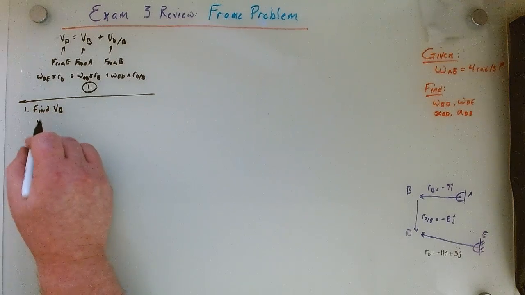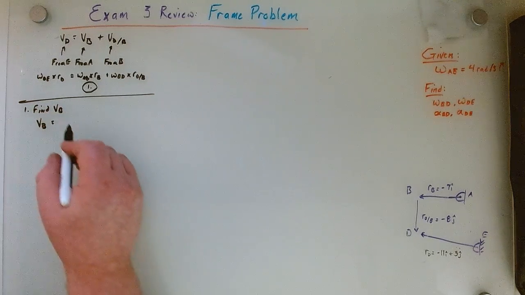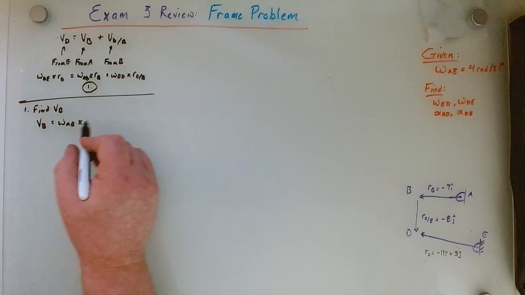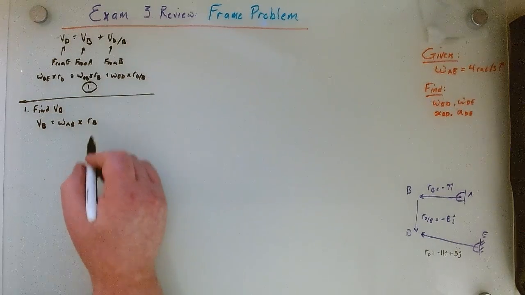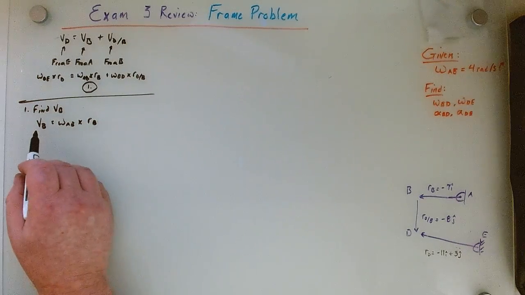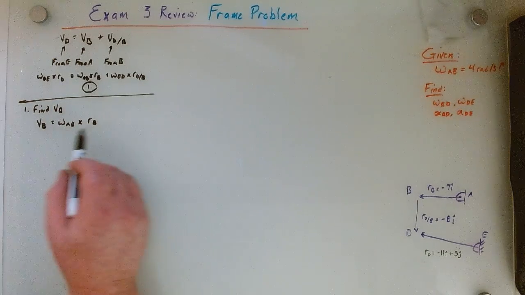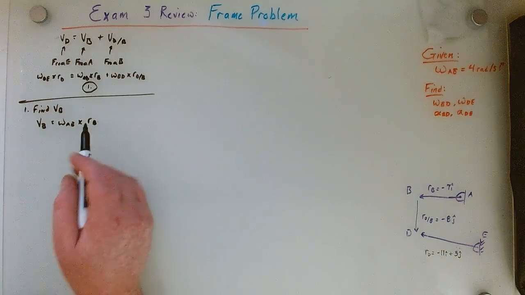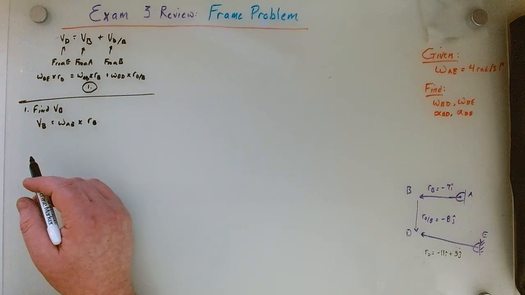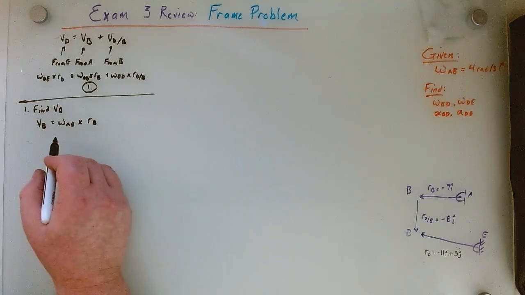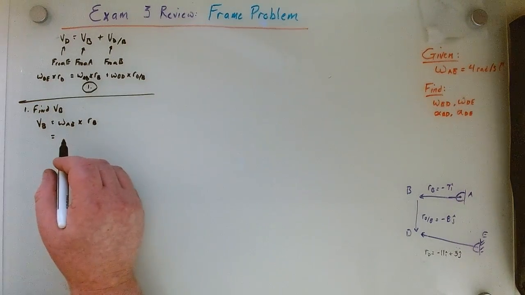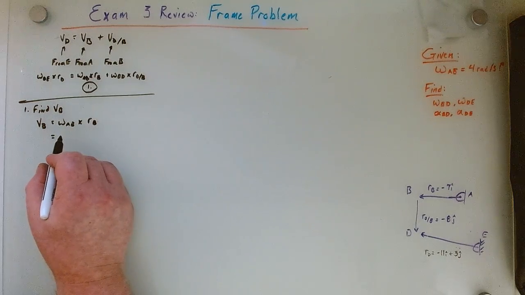Okay, so VB is equal to omega AB crossed with RB. The cross is on purpose. And by the way, notice that when I start, I leave a note to myself and I write the formula. Super important. Always do that. You will get it right way more often. So let's see, what is this? This is 4, and that is in the clockwise direction, so that is a negative.